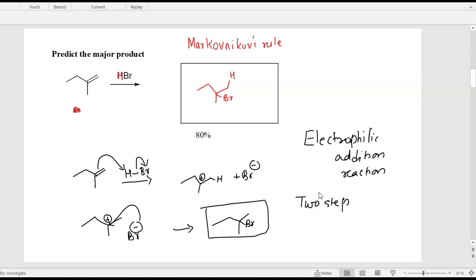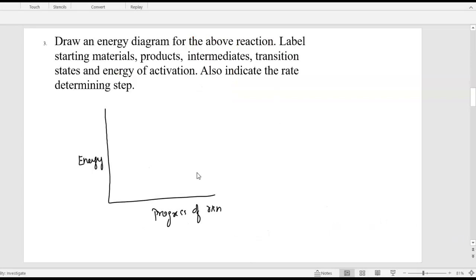So you will have two bumps on your graph, which can be drawn like this. Okay. Now, the first one, this is your transition state 1, and this is your transition state 2.